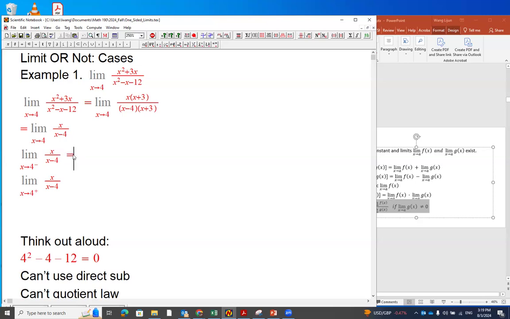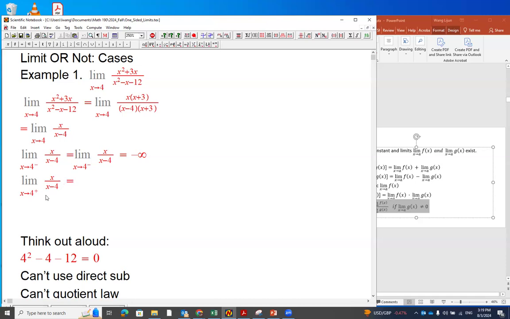As x approaches 4 from smaller than 4, x minus 4 is going to be negative. X is approaching 4, so the numerator is positive, close to 4. The denominator is negative, getting closer and closer to 0, so this is going to approach negative infinity.